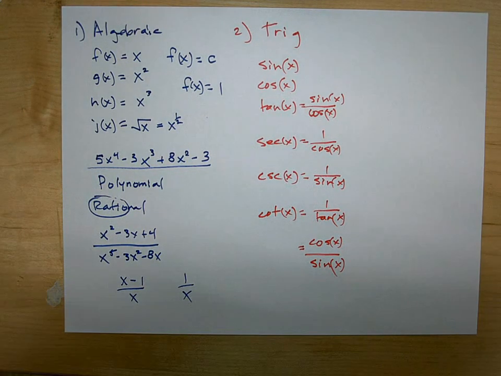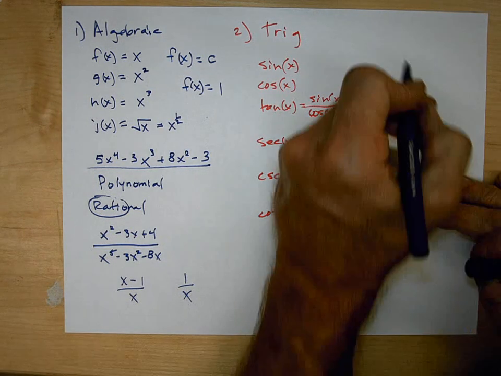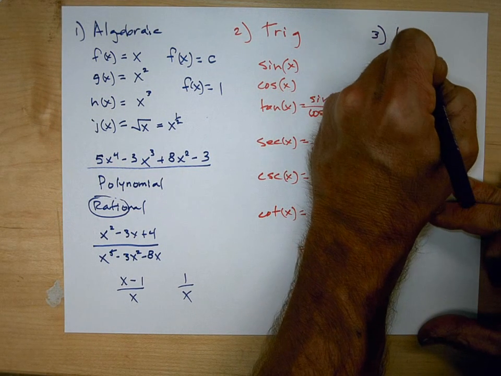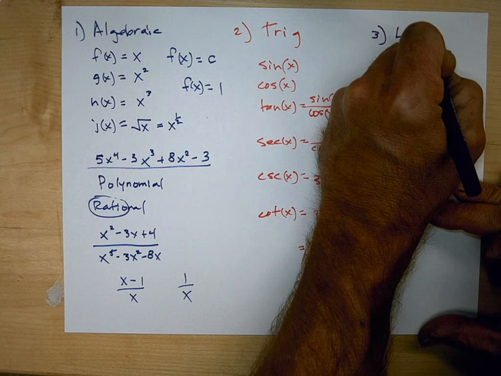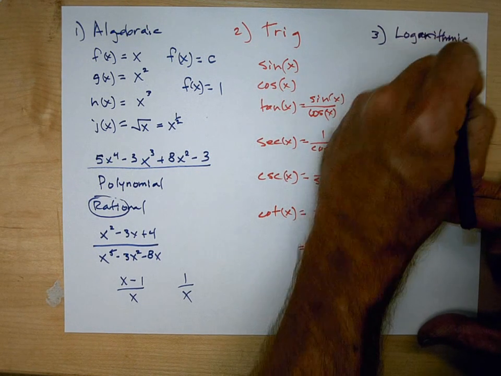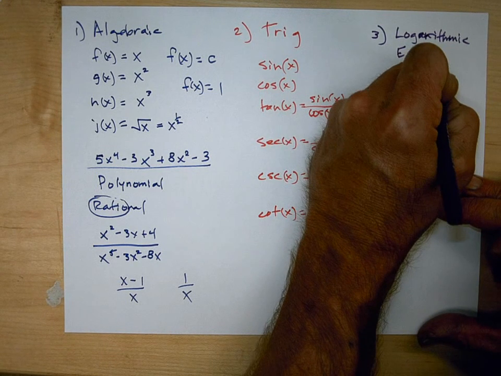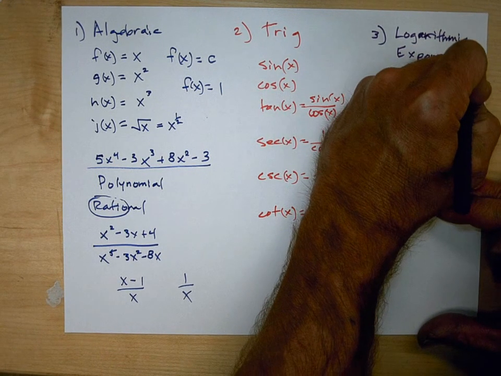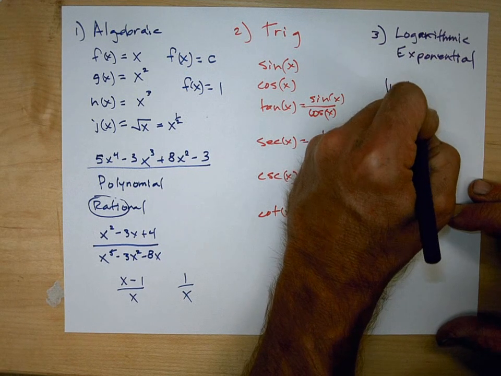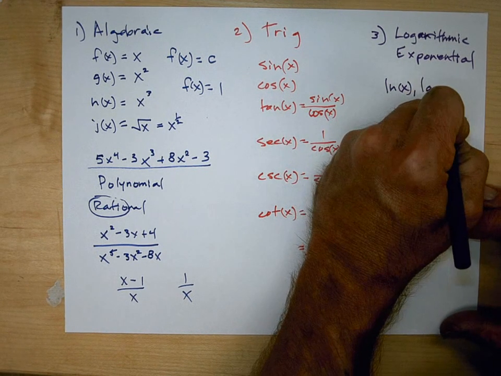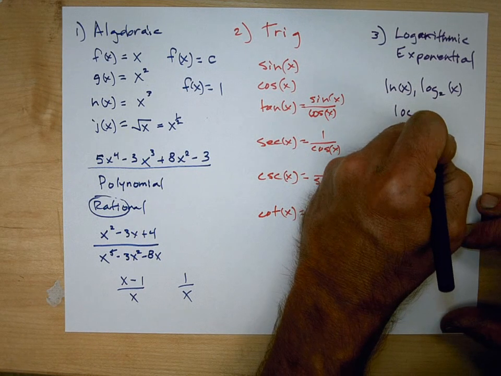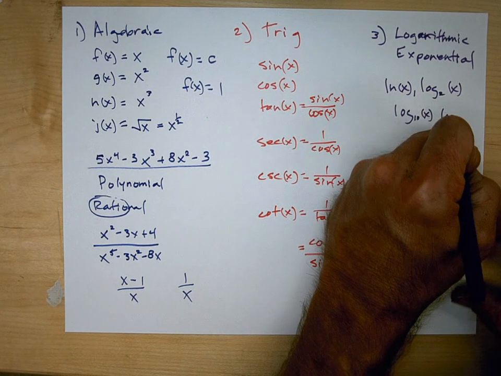And then a third class of functions are, I can't spell, logarithmic and exponential functions. So for logarithmic, you could have natural log of x, you could have log base 2 of x, you could have log base 10 of x, or more generally, log base b.